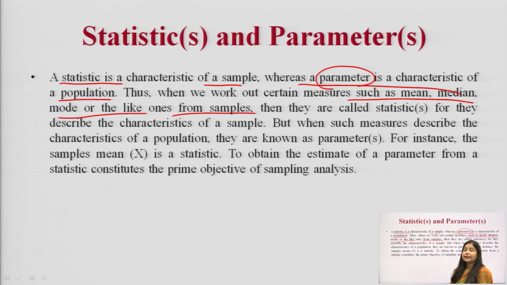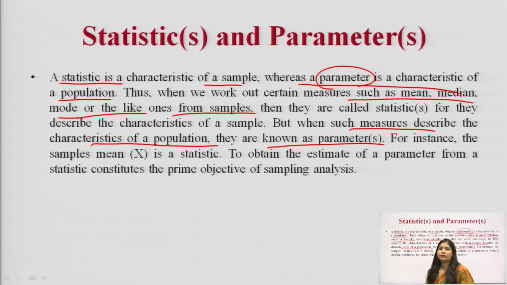But when such measures describe the characteristics of the population, they are known as parameters. The very simple difference is: the characteristic of the sample is your statistic, and the characteristic of the population is your parameter.